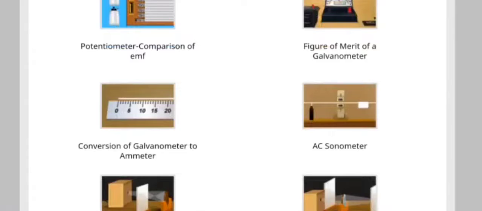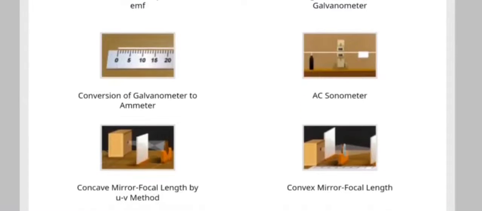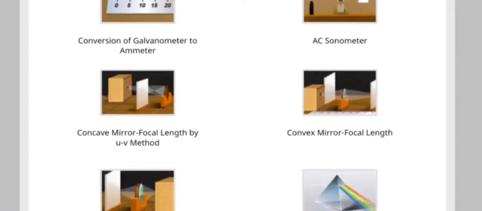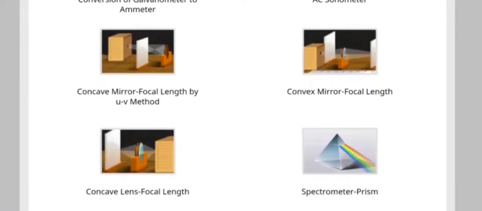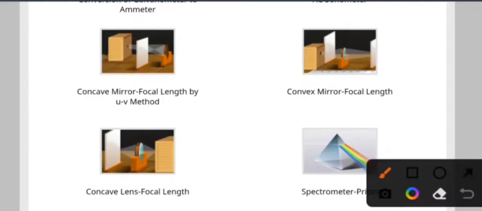These are all included here, but today we will go for the first experiment, that is the concave lens experiment. Here we will find the focal length of the concave lens by this experiment. So you have to click on concave lens and focal length, on this icon shown here.